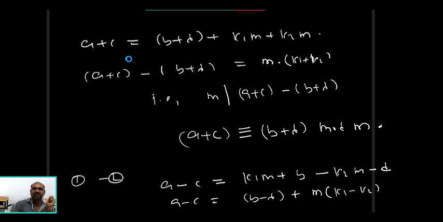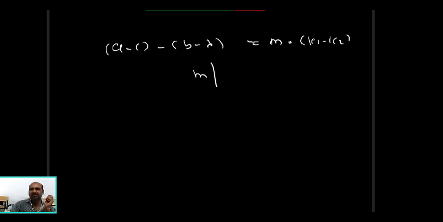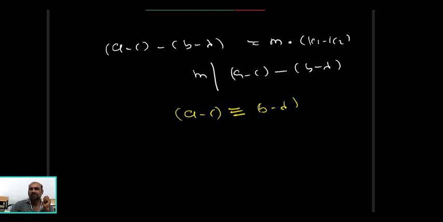So what can I write on the next page? A minus C minus (B minus D) equals M times some k1 minus k2. What is the meaning of that? A minus C minus (B minus D) is divisible by M, or M divides A minus C minus (B minus D). According to congruence notation, I can write this as A minus C congruent to B minus D modulo M.